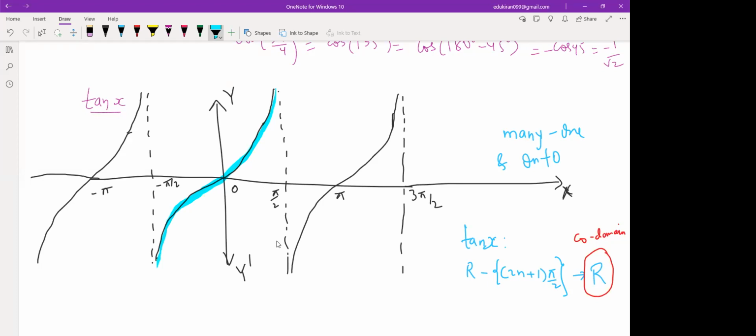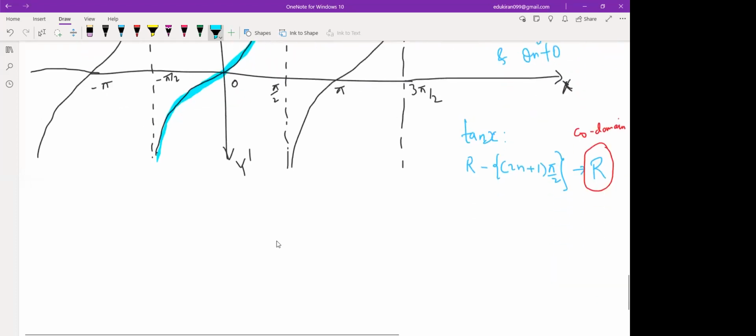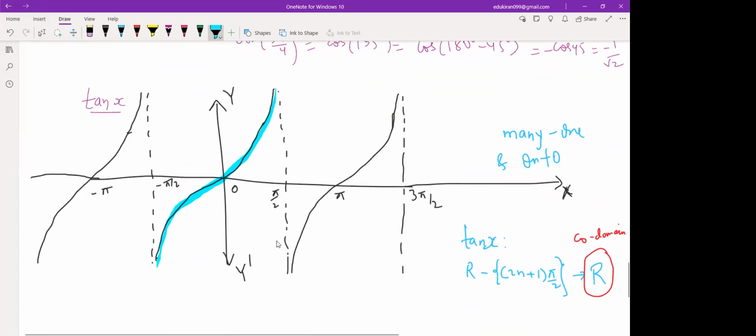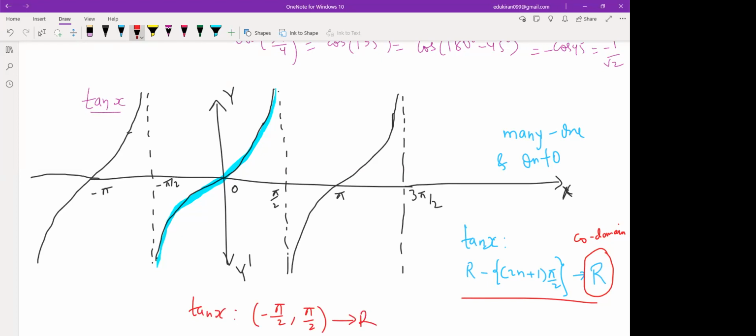If we take only this one branch, it will be 1, 1, and onto is already there. So we will take tan x, not this one, but from minus pi by 2 to pi by 2 only to R. This will make it 1, 1. Earlier one was many one. So first write this down, then we'll see the graph of tan inverse x also.